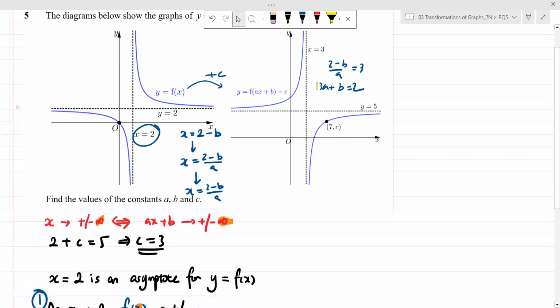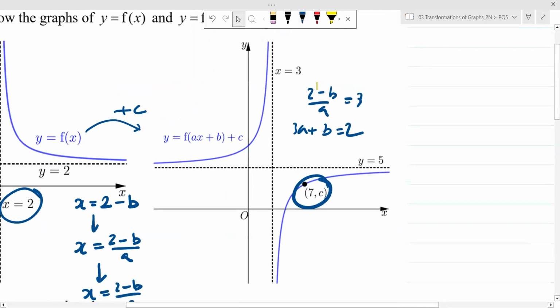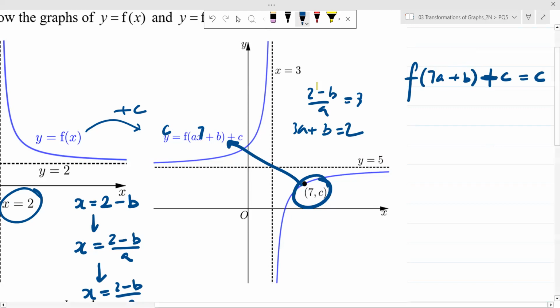Okay, then the last one. All you need to do is substitute into the equation. So 7 equals f of 7a plus b plus c, where c is the y and x is the 7, so c will cancel.